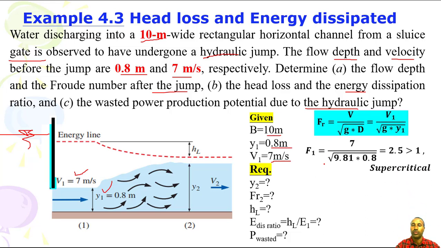Now let's go. The Froude number is given by this equation. This is a general equation: V divided by square root of g times D, where D is the hydraulic depth, which is area divided by top width, and V1 over square root of g y1 for a rectangular channel. Then you get this result. After substitution, you get 2.5, which is greater than 1. So it is supercritical flow. Then a jump will be formed.